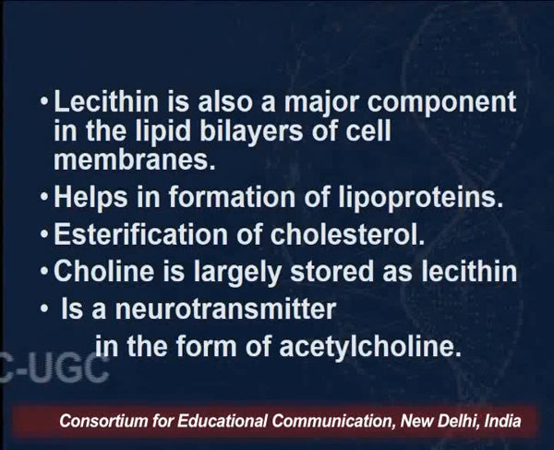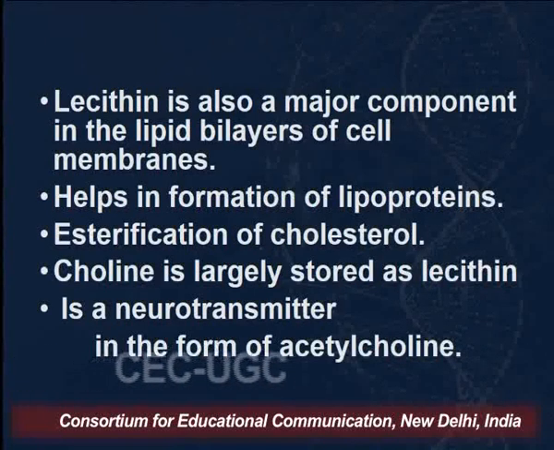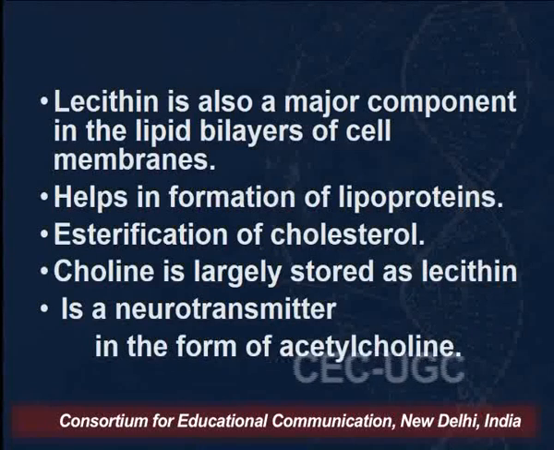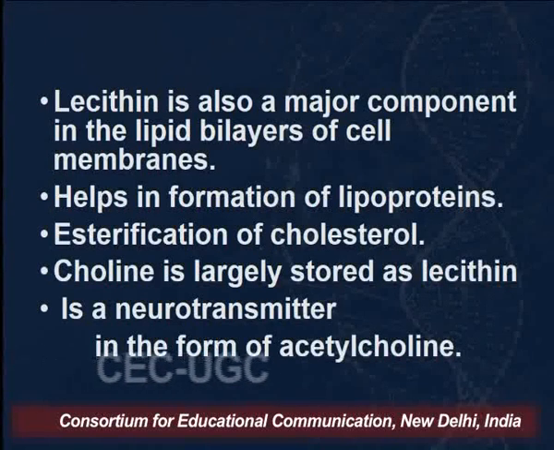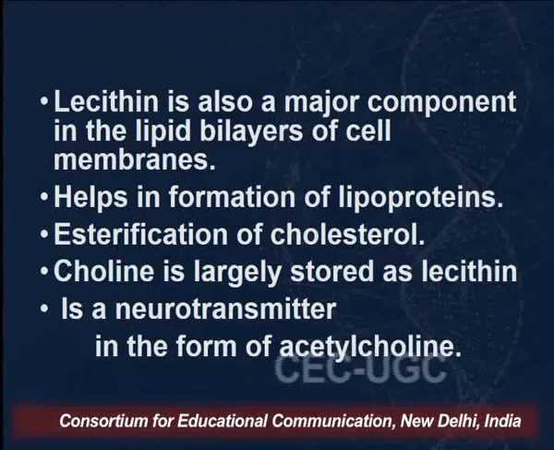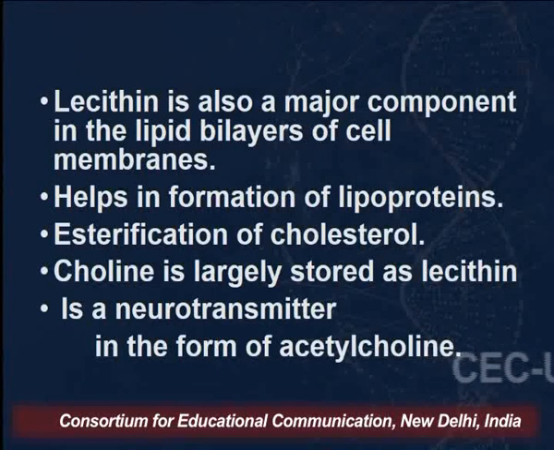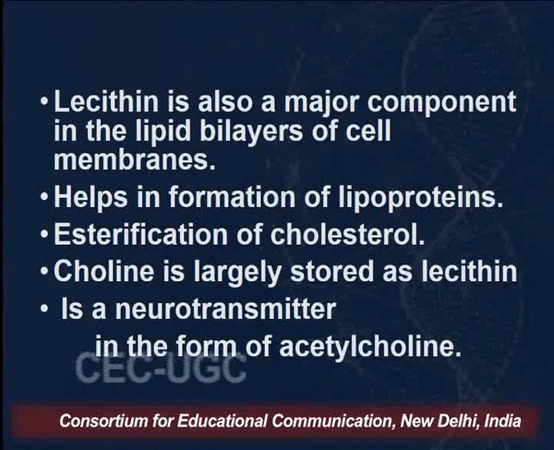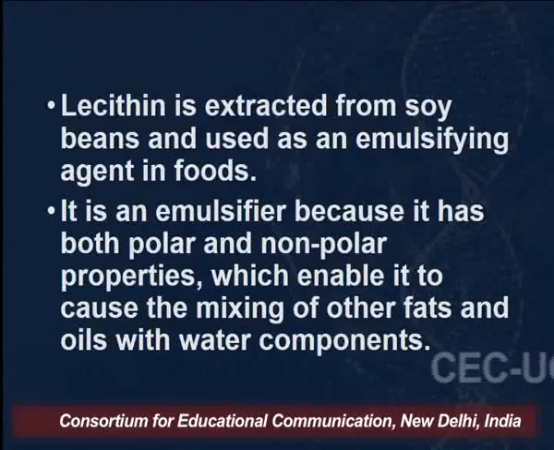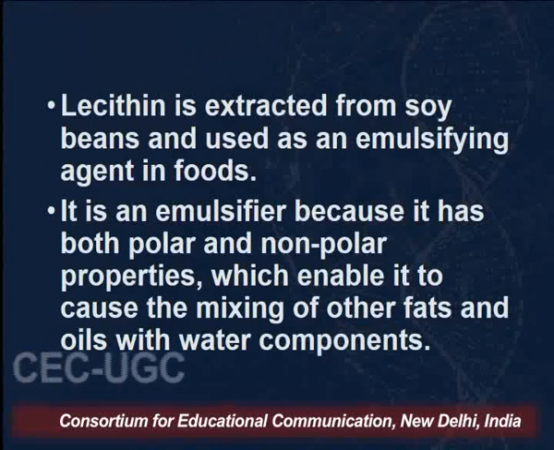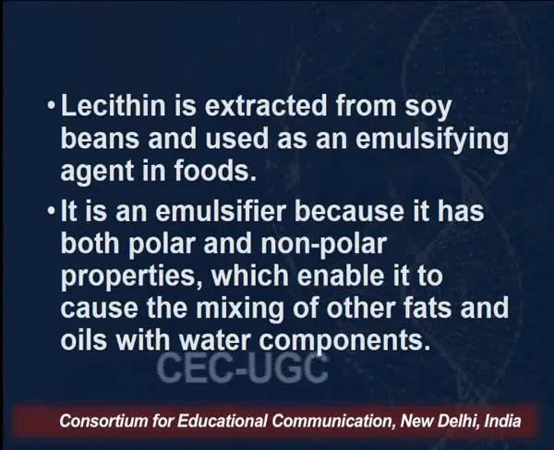Choline is largely stored as PC, that is lecithin, and it acts as a neurotransmitter in the form of acetylcholine. Where is choline stored largely in our body? It is stored as lecithin. Lecithin can be extracted from soya beans, and it is used as an emulsifying agent in foods.